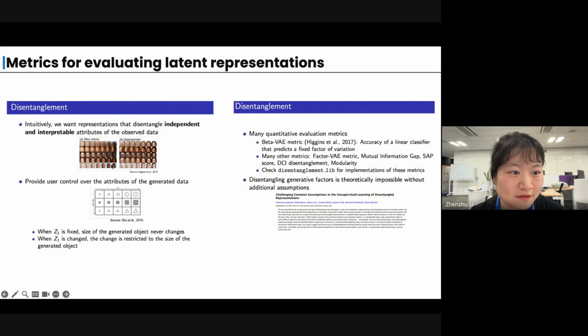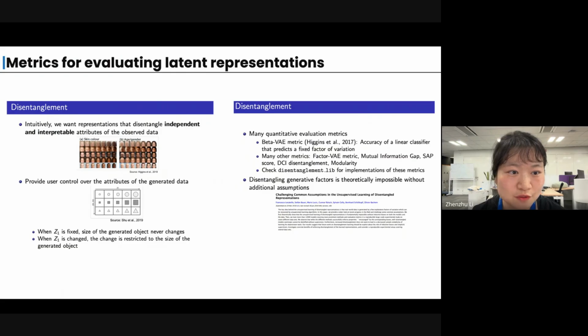Another aspect that is very important is disentanglement. I think it is much more important when we try to build multi-modality models.